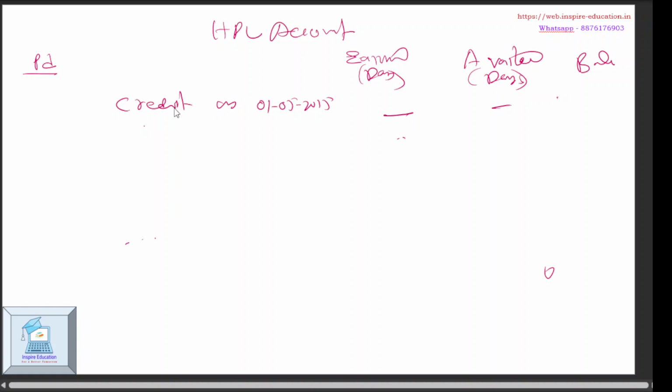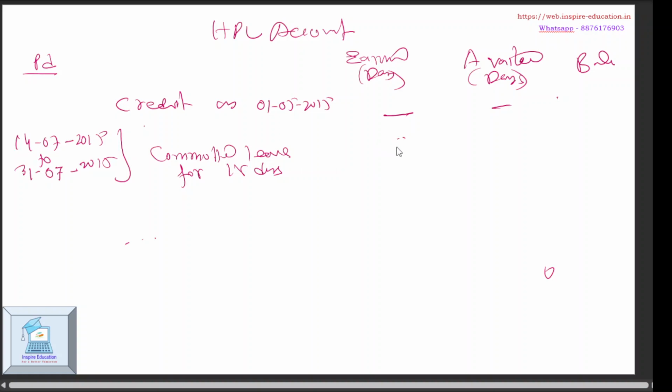So 14/7/2015, there will be 18 days. So up to 31/7/2015. So we write commuted leave for 18 days. So number of days HPL availed will be 18 into 2, 36 days.